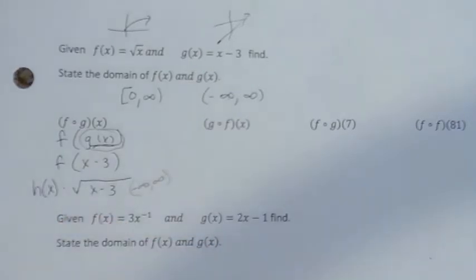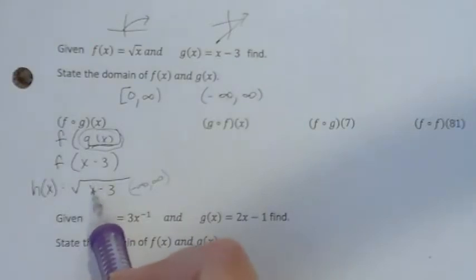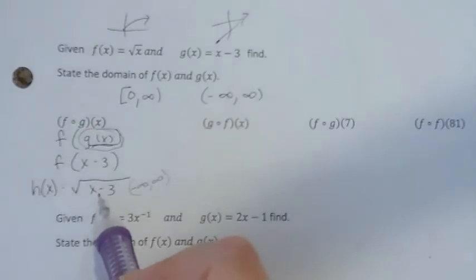What do you think? Is it okay to have 0 under a square root? Sure, because the square root of 0 is 0. Is it okay to have a negative number under a square root? The answer to that is no, because that would be an imaginary number. So I don't want values under here to be negative.